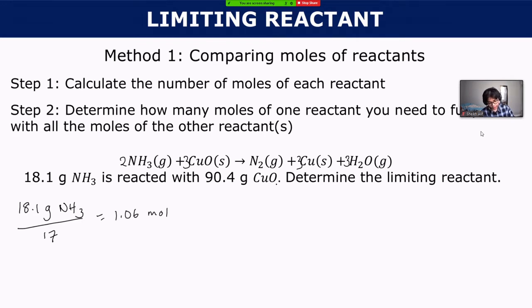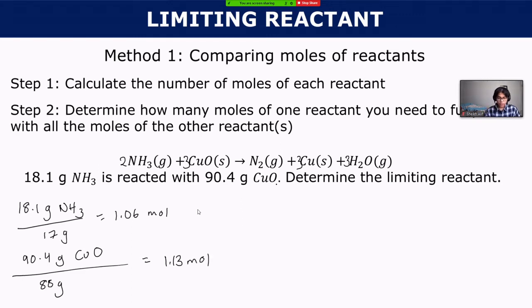On the other hand, copper oxide: we have 90.4 grams of copper oxide, and the molar mass for that is going to be right about 80 grams. And that's going to get you about 1.13 moles.